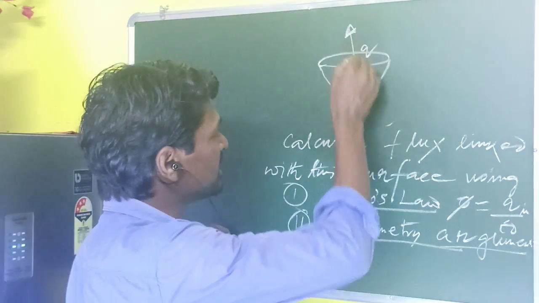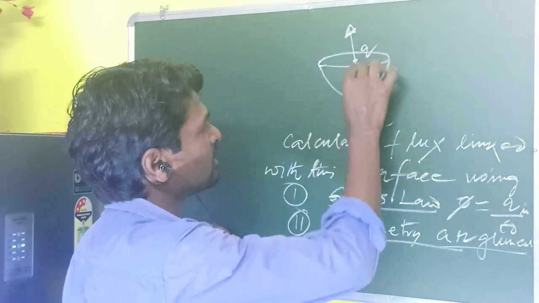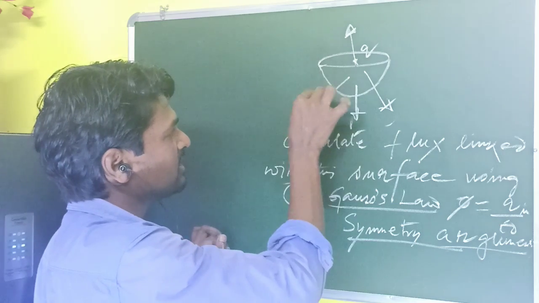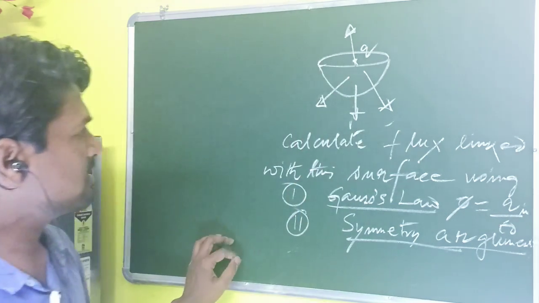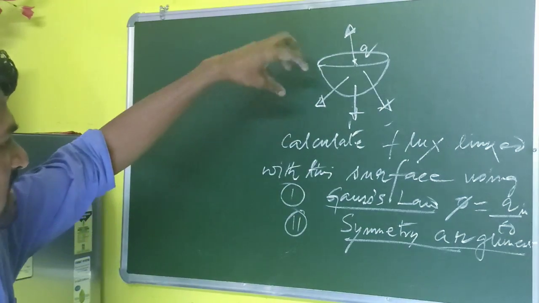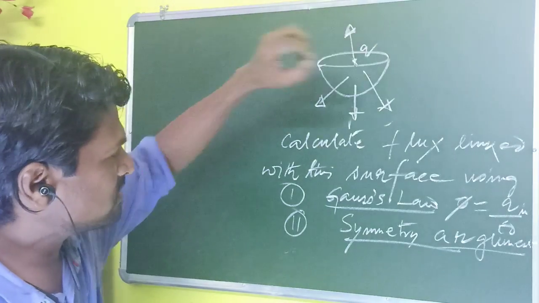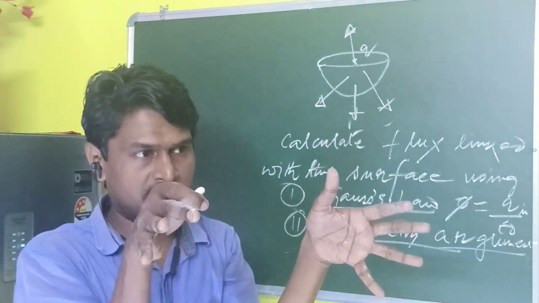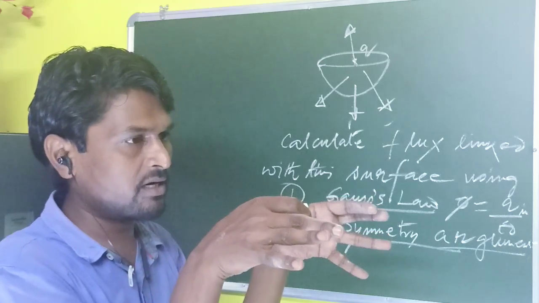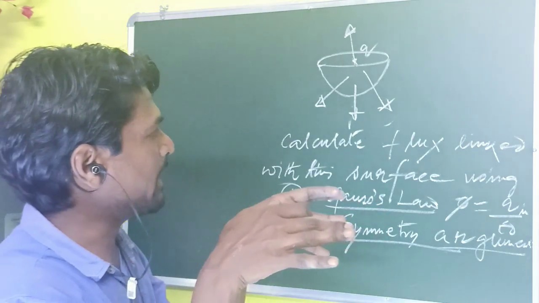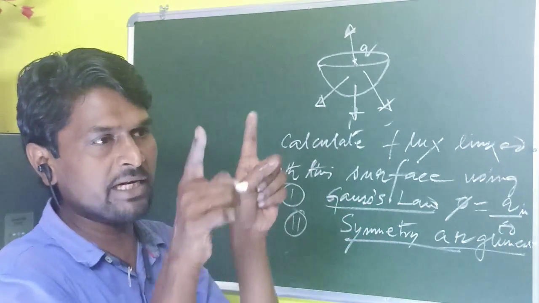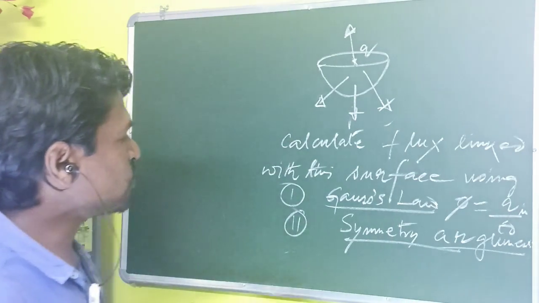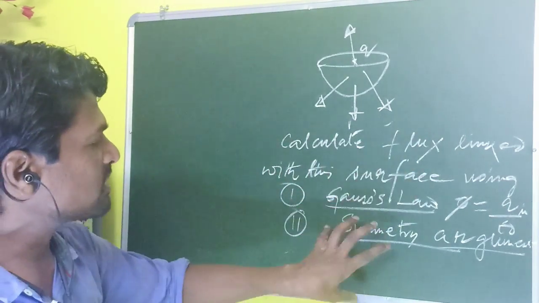The flux generated along that direction is the flux linked with the surface. So you have to calculate the linked flux. Suppose you think of an umbrella-like structure, a hemisphere, a half sphere. You have to calculate the flux linked with that umbrella. So you can use Gauss's law or the symmetry argument.